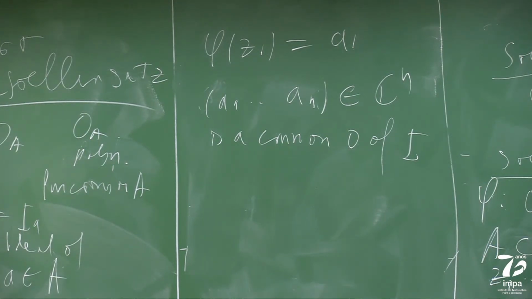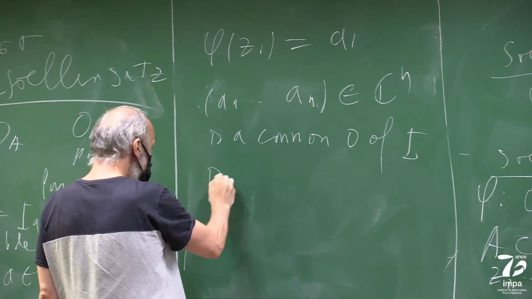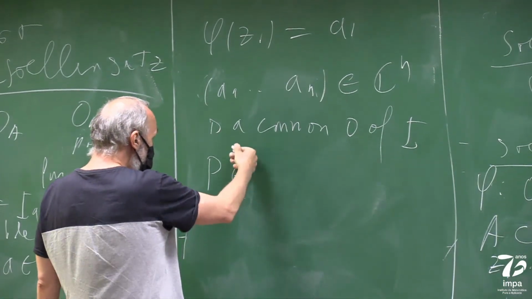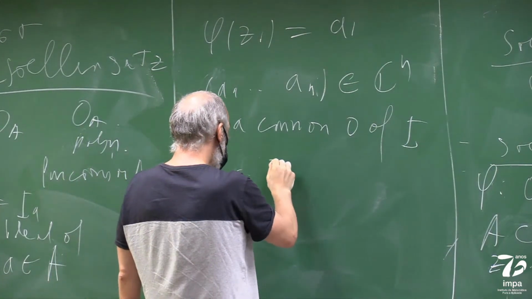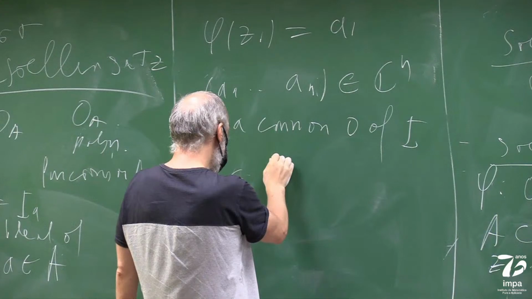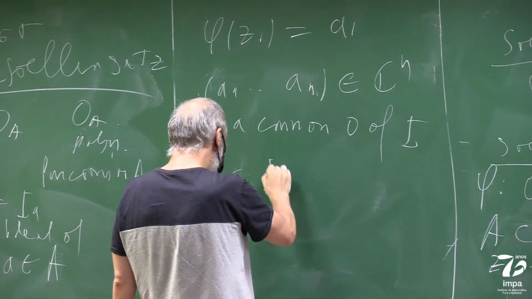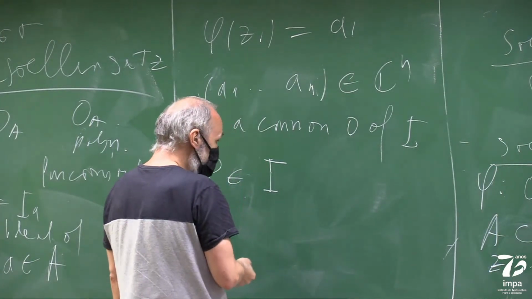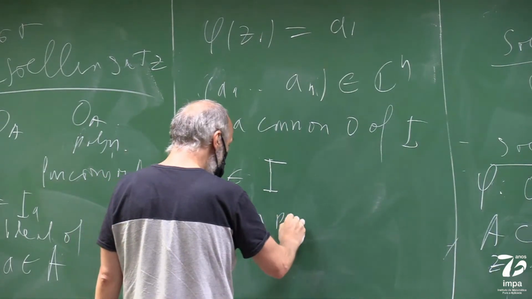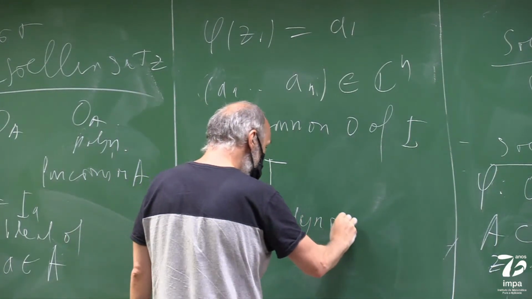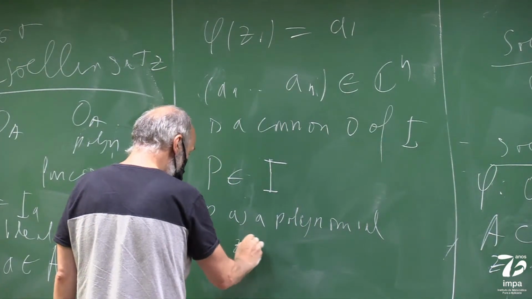How to do that? Okay, we have P inside I. It's a polynomial, so you consider P as a polynomial in Z1, ..., Zn.